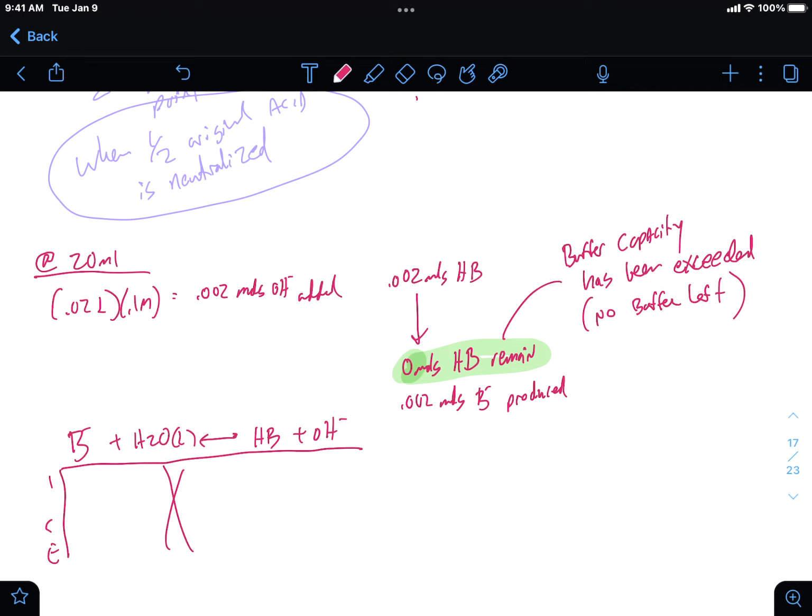Where do you get such a Kb value? Google it. Use Kw, right. Kw is equal to Ka times Kb. And so if we need Kb, it's Kw over Ka. So 1 times 10 to the minus 14th over 1.8 times 10 to the minus 4 is our Kb.